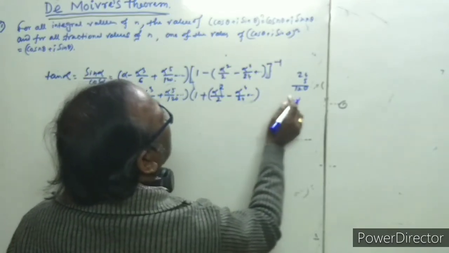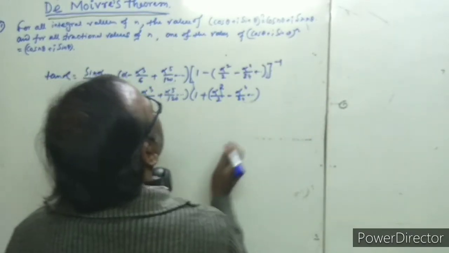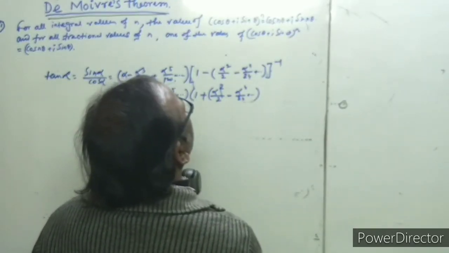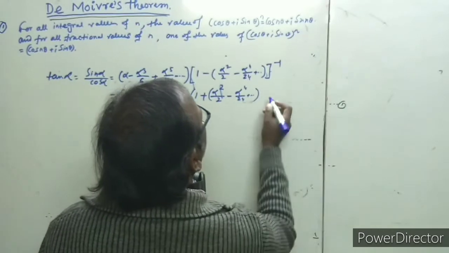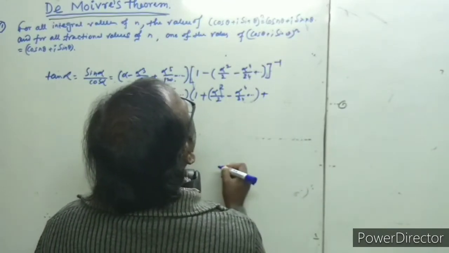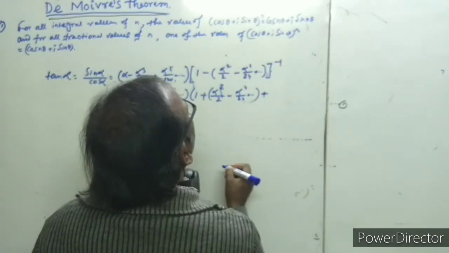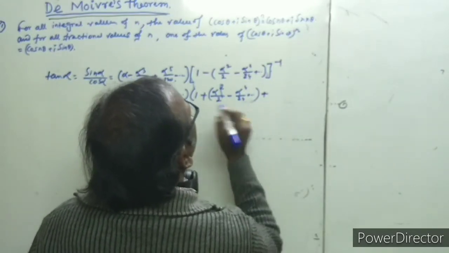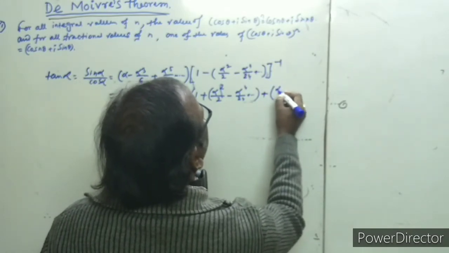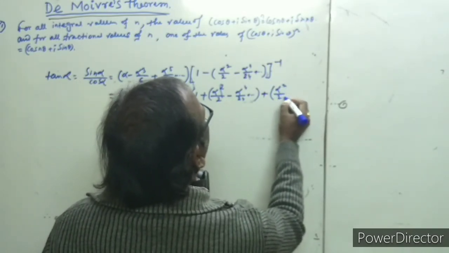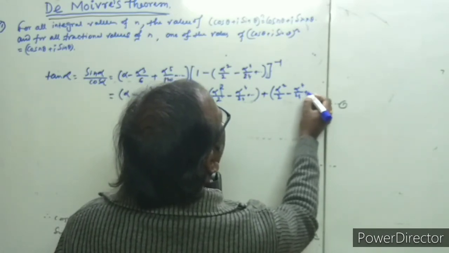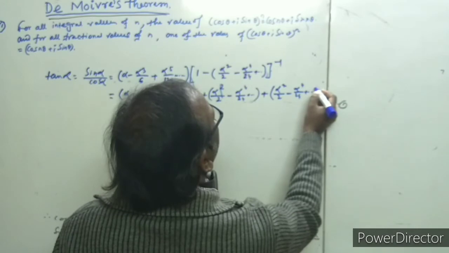Then after this is square here. Okay, this is alpha square by 2, and this is alpha to the power 4 by 24.